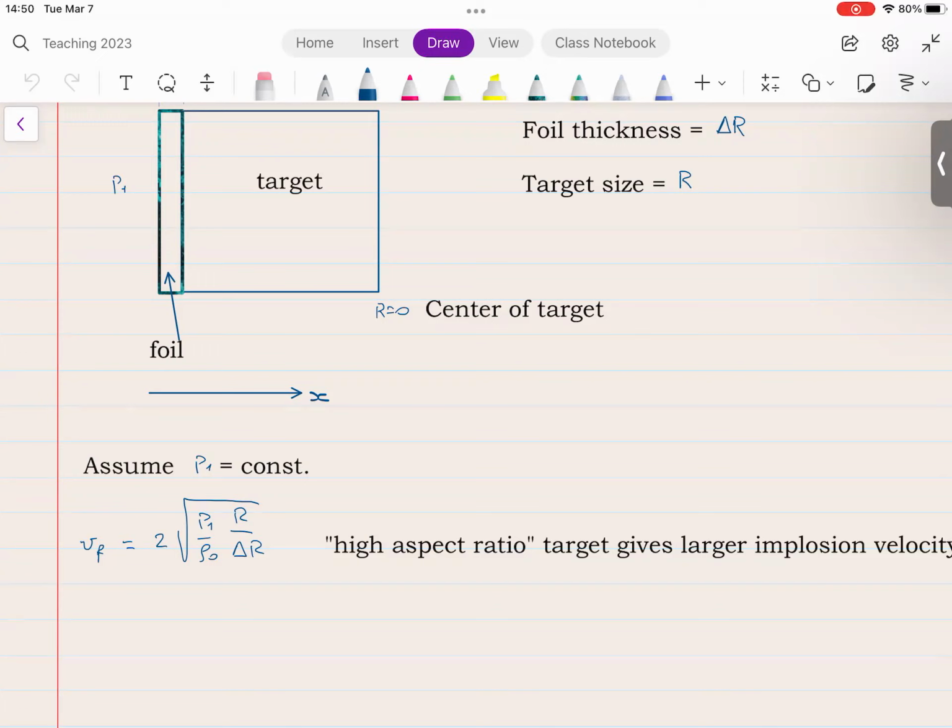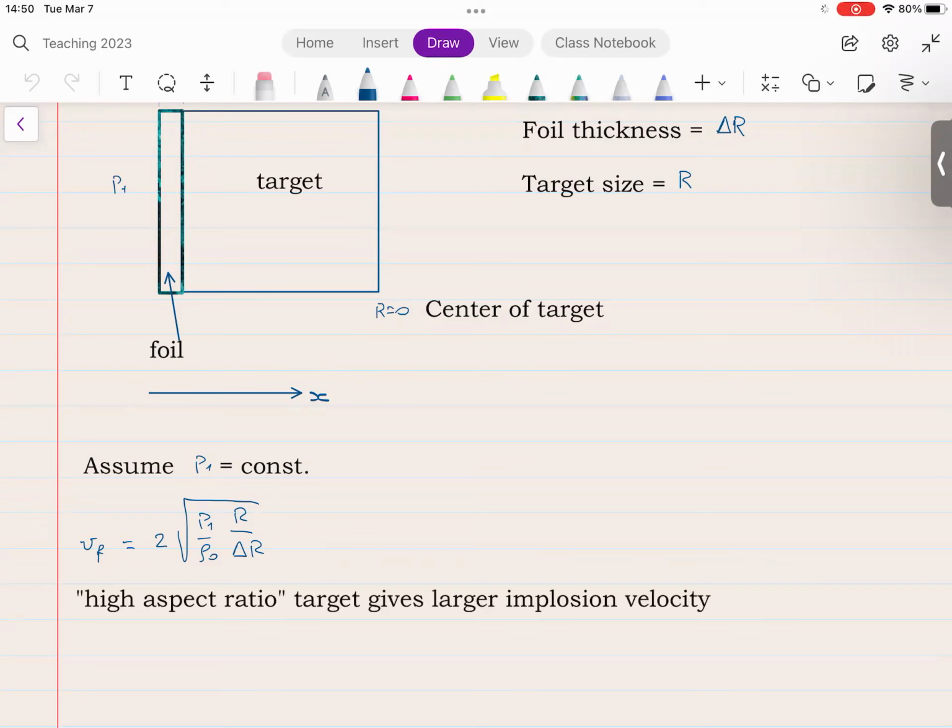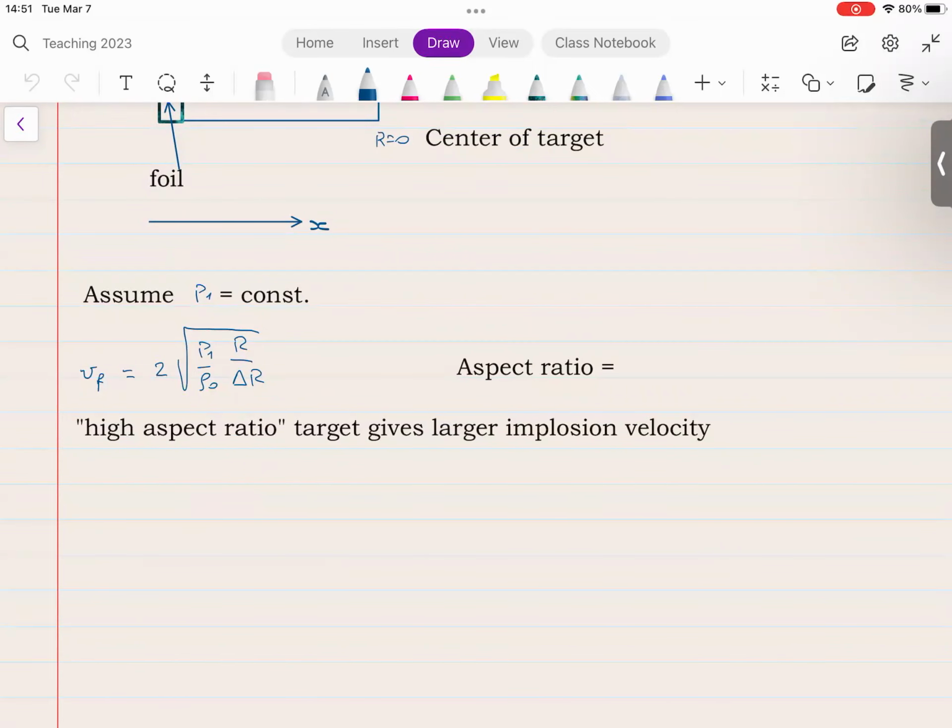Oops, I didn't make it fit. We are going to define the aspect ratio as R over delta R. So we want this to be large.